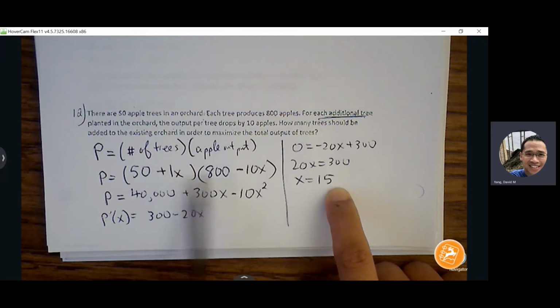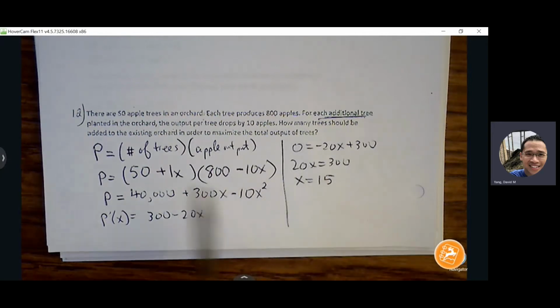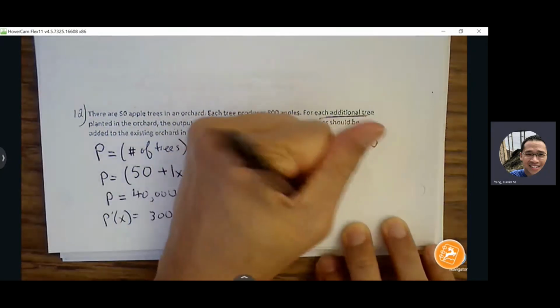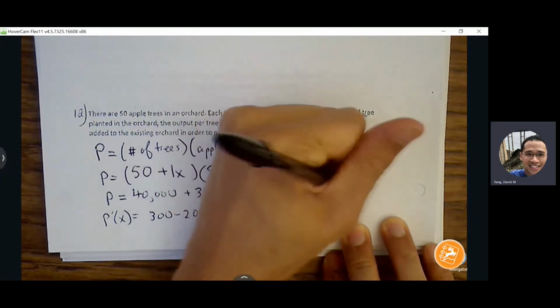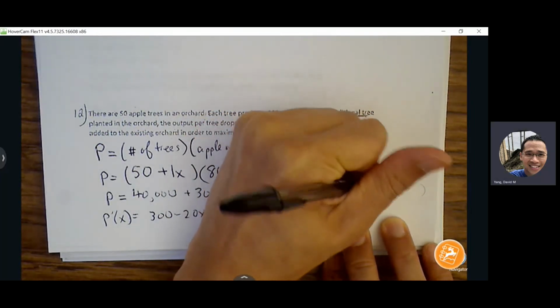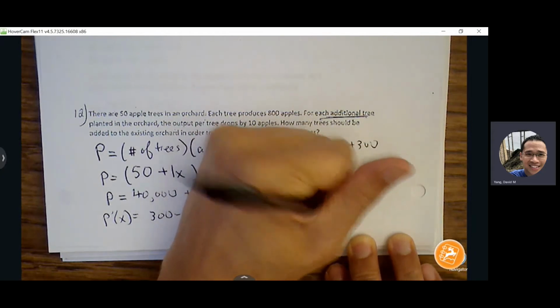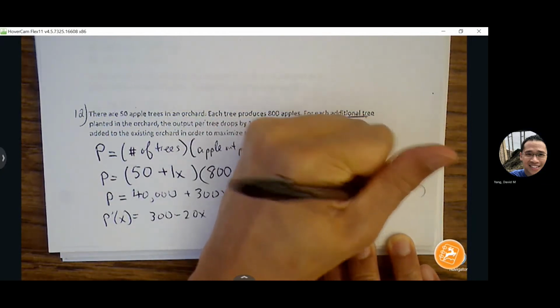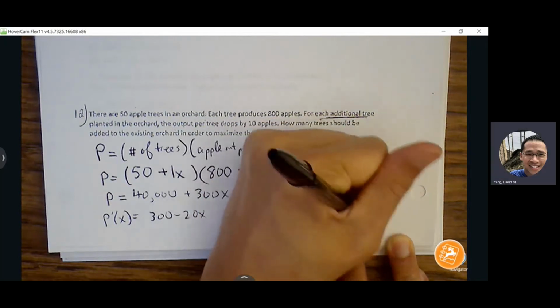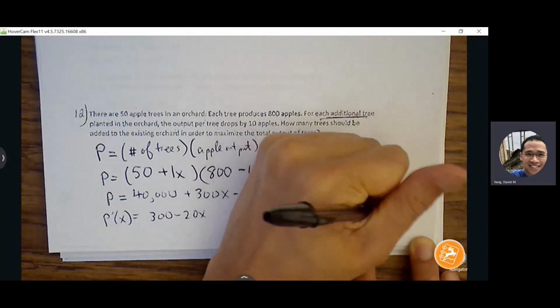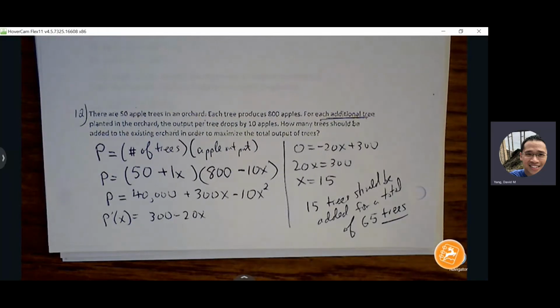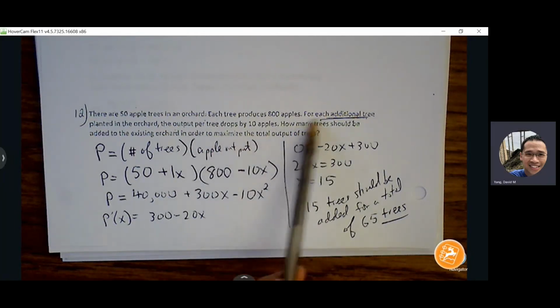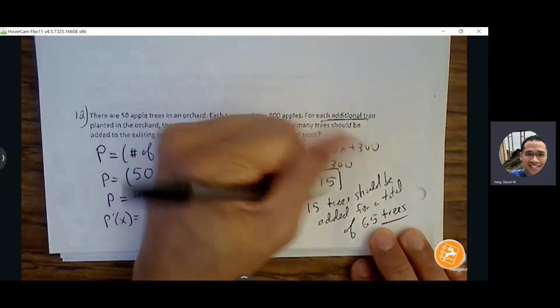Once we have more than 15 trees, then we're losing too many apples per tree, and it's just not as efficient. Because we started with 50, 50 plus 15 will be 65. But it's asking for how many trees should be added, so 15 is good.